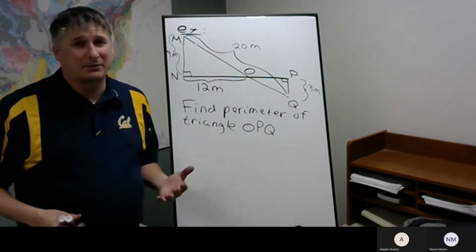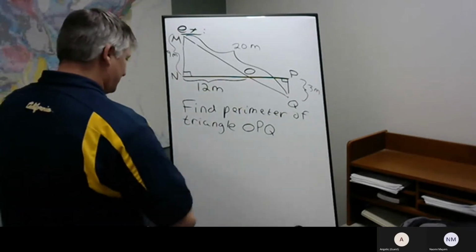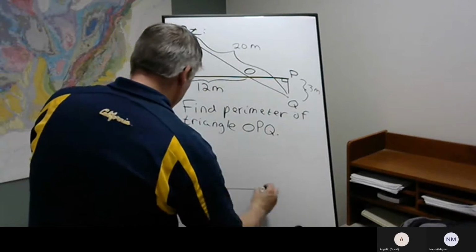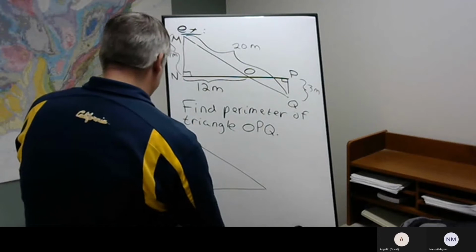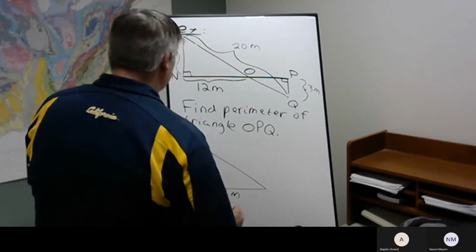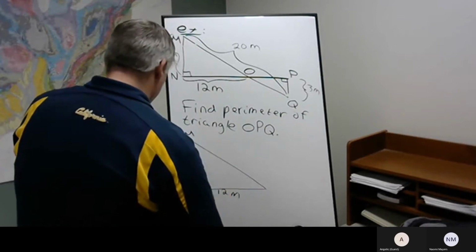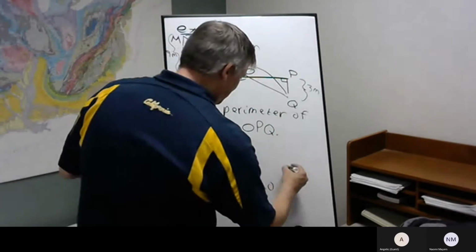And we actually have two similar triangles here. There's a large one, and a smaller one.